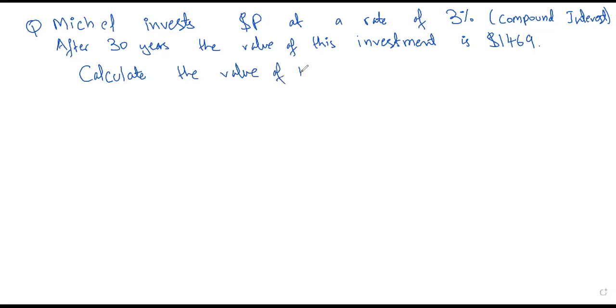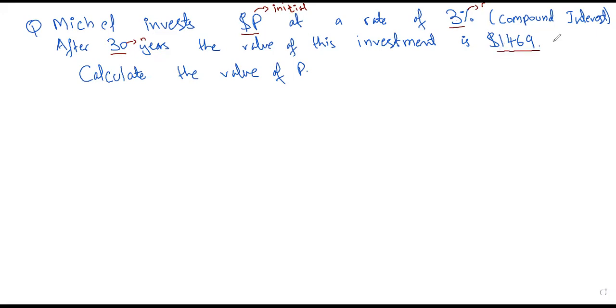Now, what is the question? Michael invests this. This is basically the initial amount. This is R. This is N. After 30 years, the value of this investment is this.